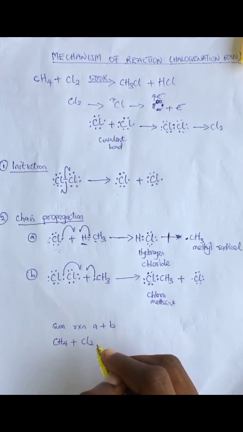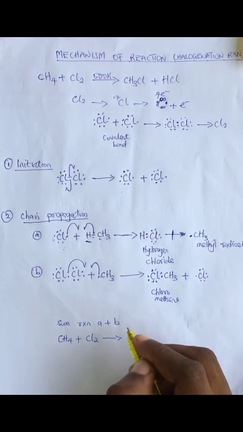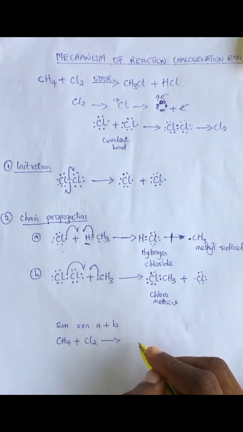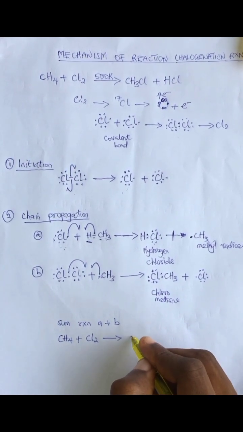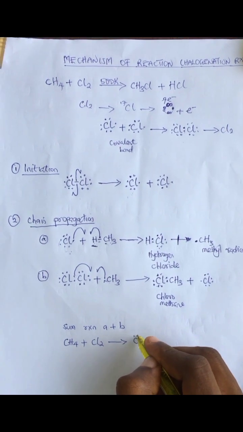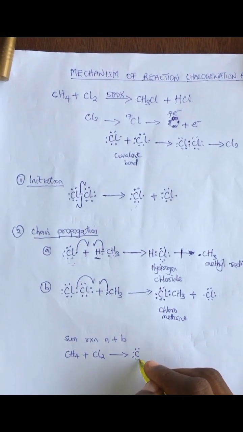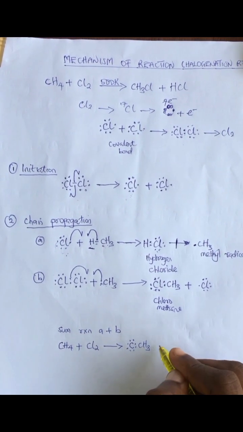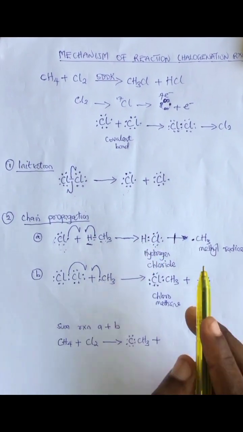Our diatomic chlorine, to give the first thing we add there for the reaction B, which is what? Chloromethane. Our chloromethane. And our what? Hydrogen chloride.